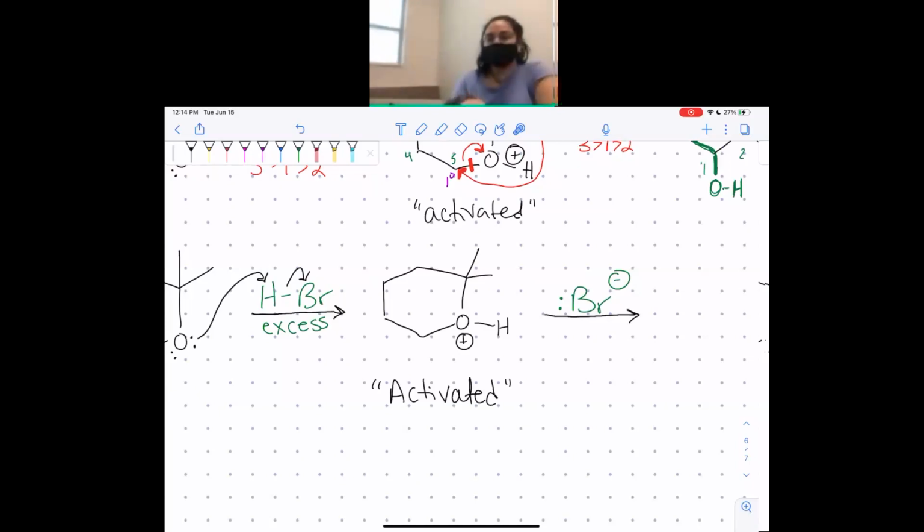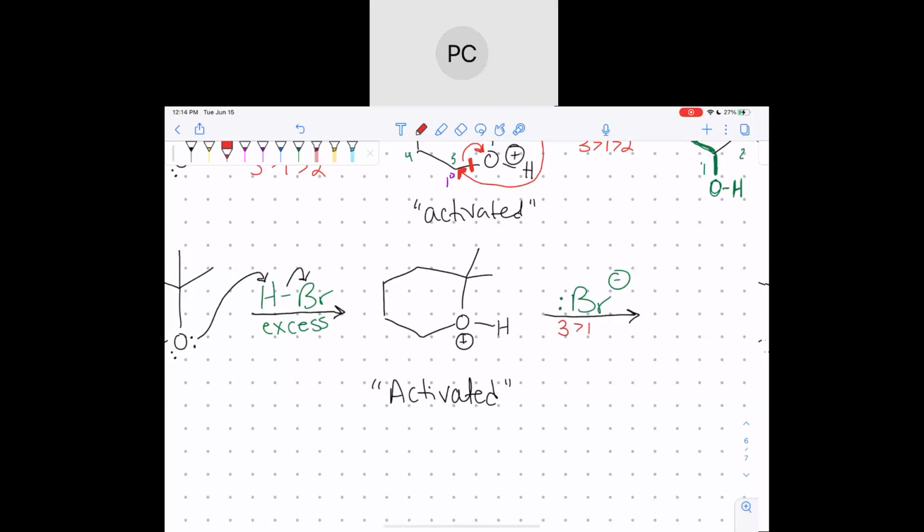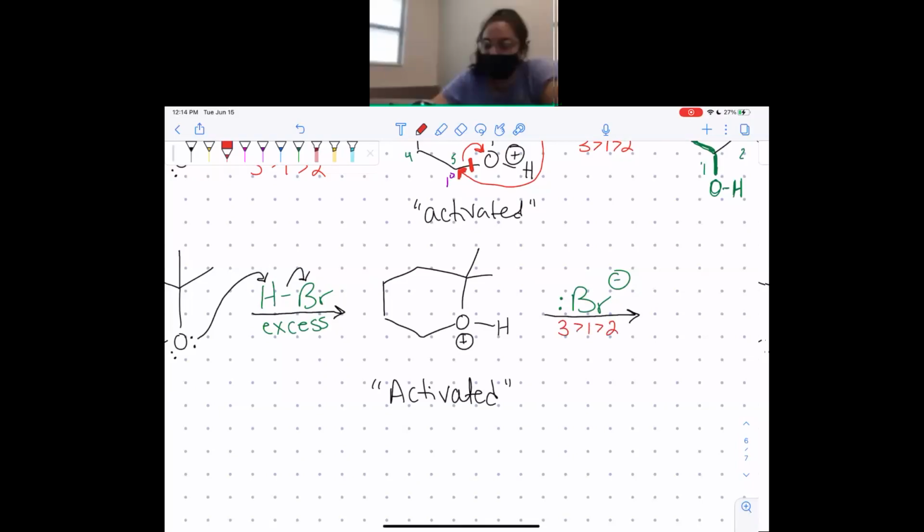Okay. So you guys are saying attack, and you were already telling me which side we're going to attack, but we're going to do that together. One more time, just because I know it's a new concept. So we have an acid catalyst. So what's the order for that acid? It's going to look for tertiary first. Yep. So the order will be 3, 1, 2. And we know that this side is primary because you told me that last time.